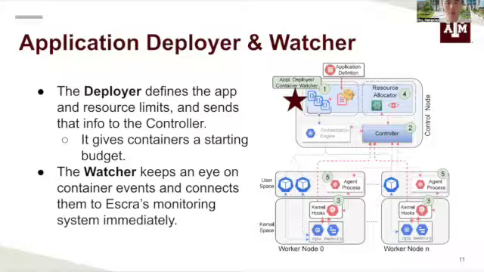With all this information, the system will be able to know how many containers there are and how much CPU and memory resources we have. And then the deployer will send all this information to the controller. So the controller will have a starting budget in mind and also know how many containers there are.